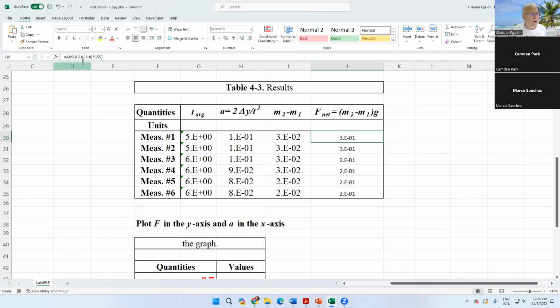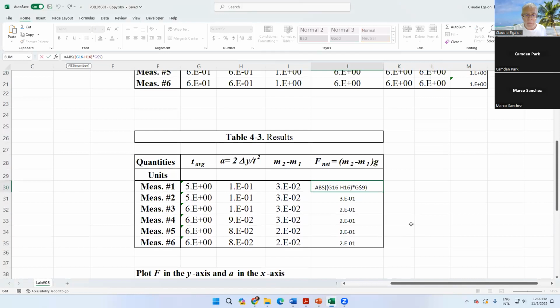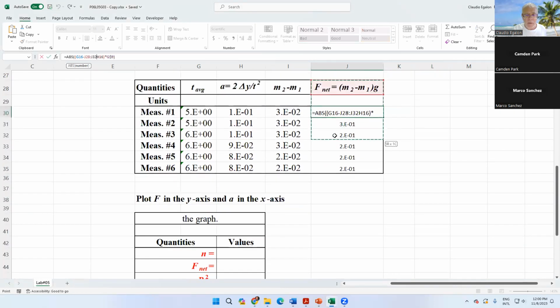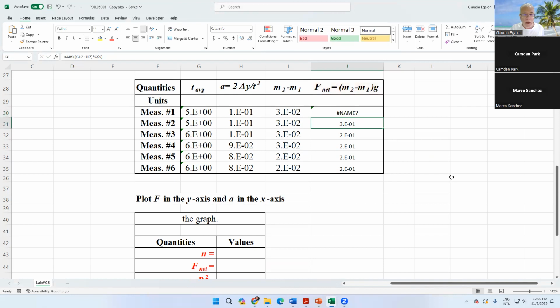It's already calculated for you. So do I need to get the average value? No, you don't get the average value because this is a variable parameter. Then what do I need to type in? Type where?